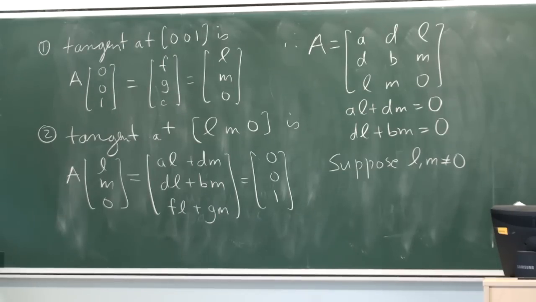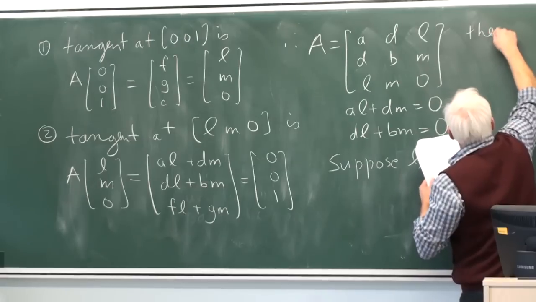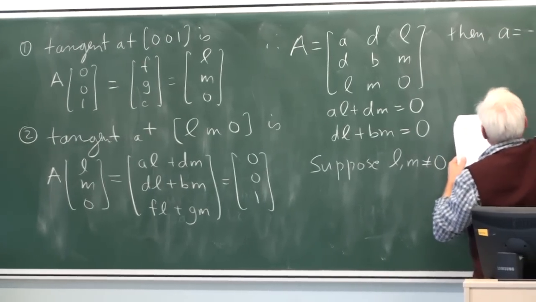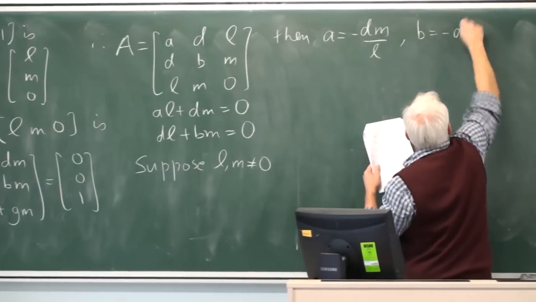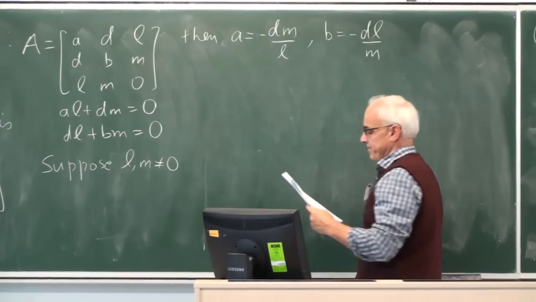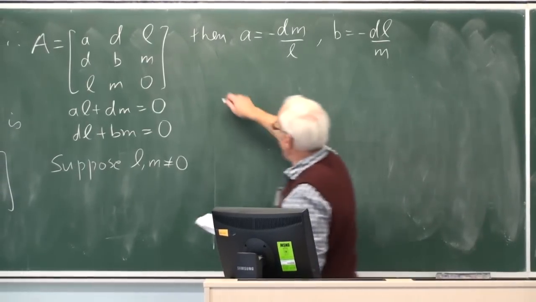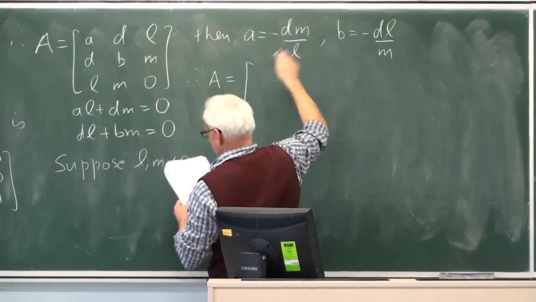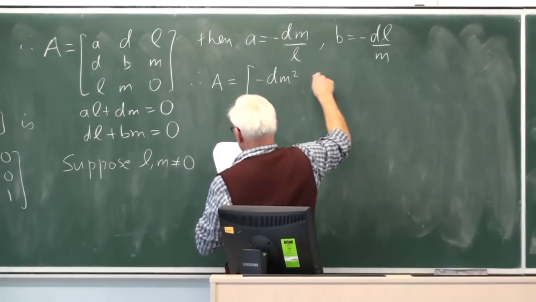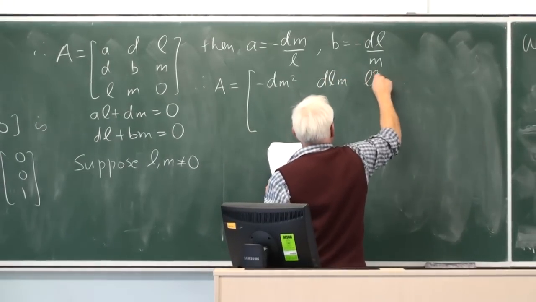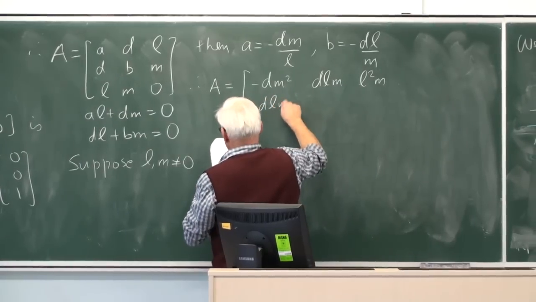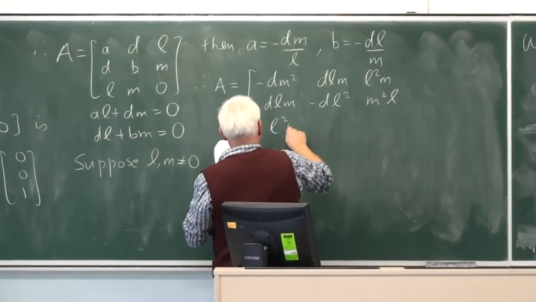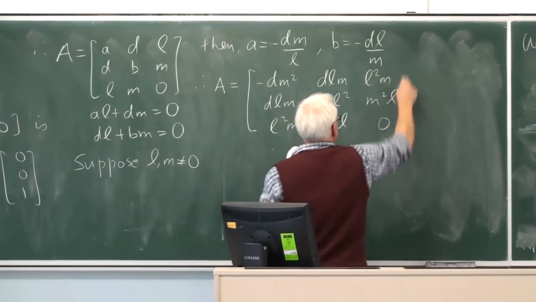In that case, we can solve for, say, A in terms of D, M, and L, and we can solve for B in terms of D, L, and M. And then the matrix A can be rewritten, after I put these things in and clear fractions, as minus dm squared, dlm, L squared m, dlm, minus dl squared, m squared L, L squared m, m squared L, and 0.